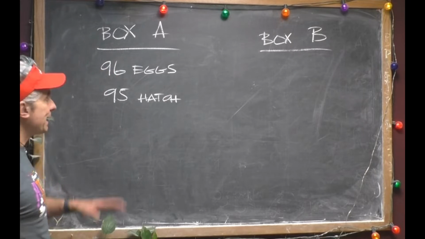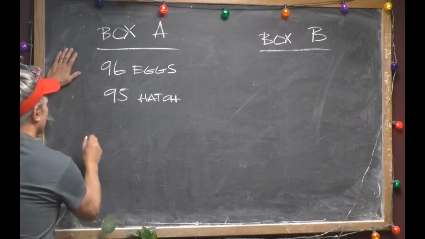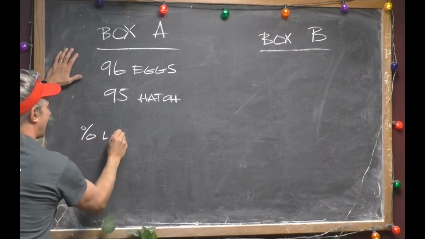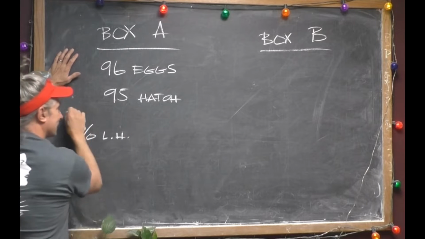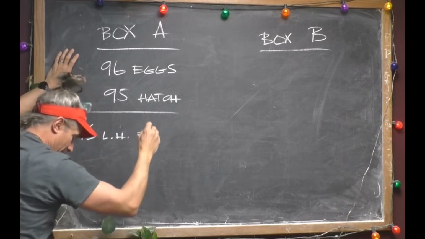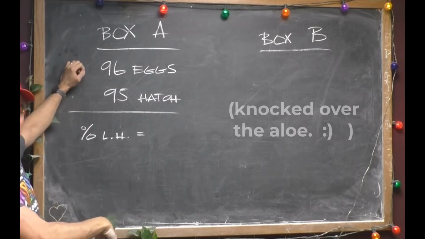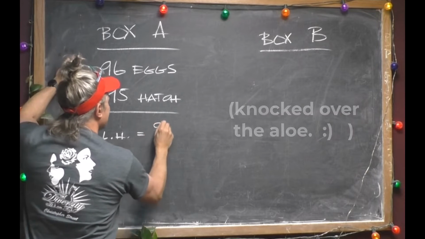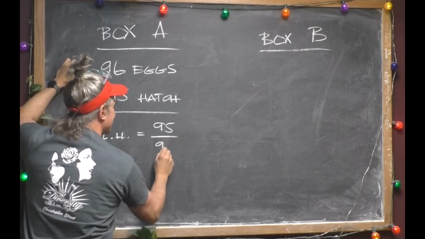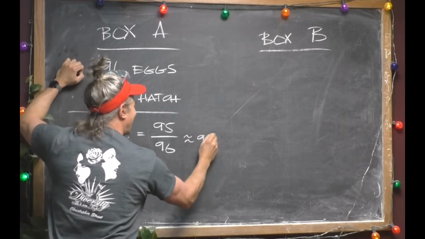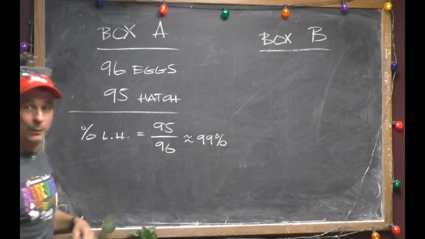Now, if you do the division on this, the percent live hatches for box A is going to be 95 out of 96, which is about 99%. That's a pretty good hatch rate.